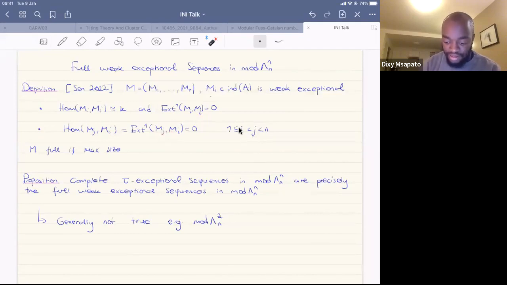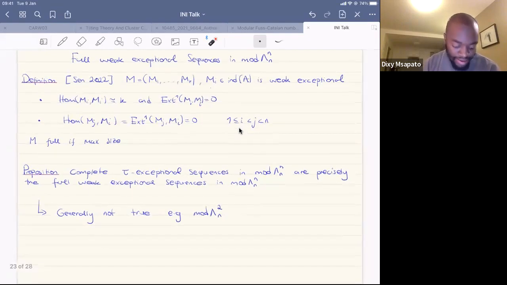This is a bit like exceptional sequences, except that we can allow the higher extensions to be non-zero. We say that M is a full weak exceptional sequence if M has maximal size. A property of weak exceptional sequences is that, unlike complete exceptional sequences, the size of the sequence is not bounded above by the number of simples.